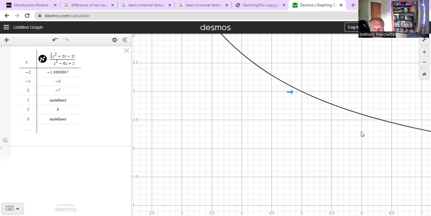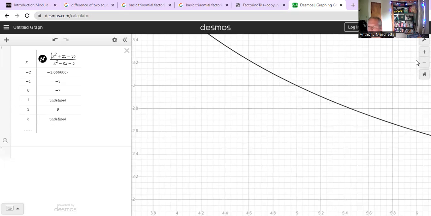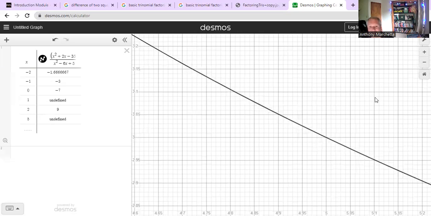But you could tell looking as you approach from the left and from the right that it's supposed to be at 3. And unfortunately, we're not going to be able to see it looking at Desmos because Desmos can zoom in forever and ever, but it is ultimately a very tiny, infinitely unseeable hole. Show you what I mean. Get closer. See, we're trying to focus right there, but it doesn't appear as a hole, and it never will.